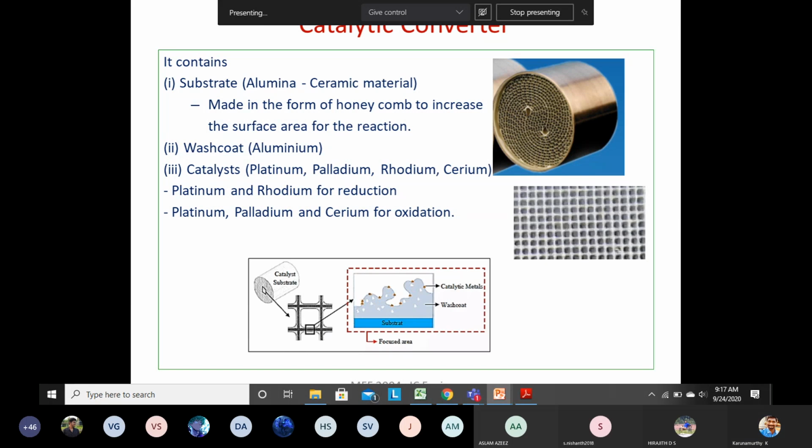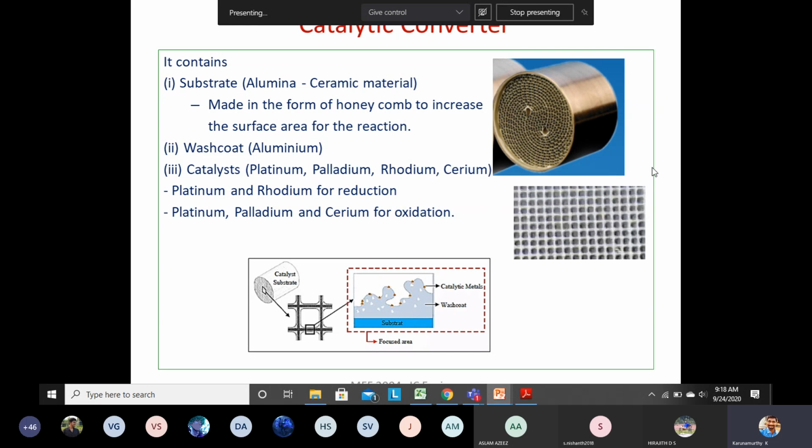Okay. So now I have told you, in the case of a catalytic converter, we have a base substrate made of ceramic material, and alumina is the well-known ceramic material used in the catalytic converter. Over the base substrate, we have the wash coat, which is aluminum, and in the wash coat we have the presence of catalyst, this red dot, right?